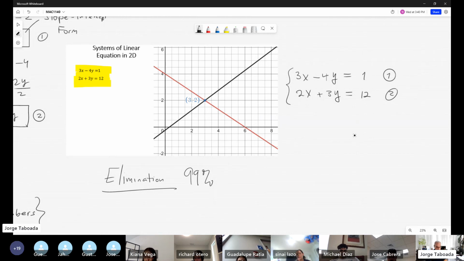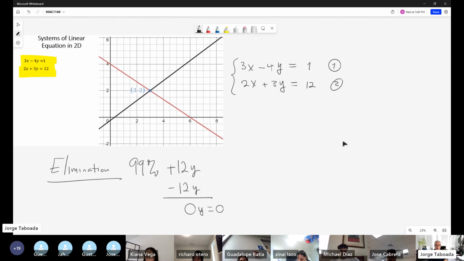You need, for example, the same coefficient, suppose 12y and negative 12y. So you will be able to create in the system the same number with opposite sign, one positive and one negative. When you add in that column, it gives 0. 0y is equivalent to 0 because 0 times any number is 0. This is the idea behind elimination.